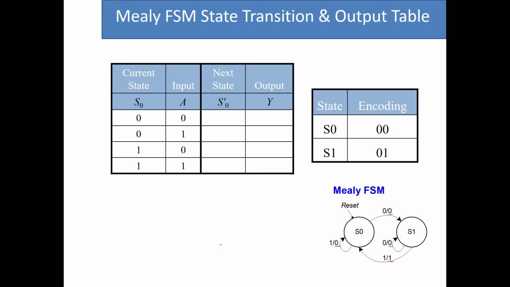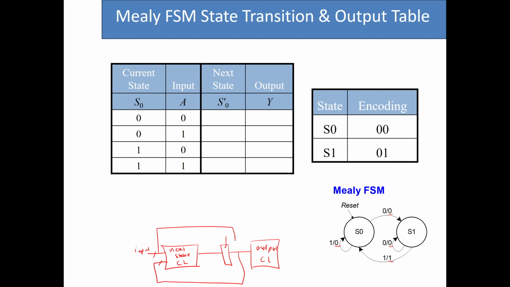So if I want to quickly draw the Mealy FSM, so this one is the output combinational logic unit. This one is the next state combinational logic unit, we have the inputs, we have this feedback, and then we have this connection too.